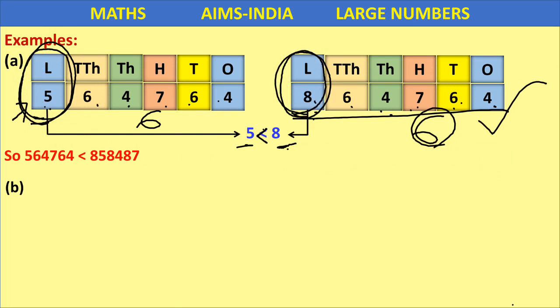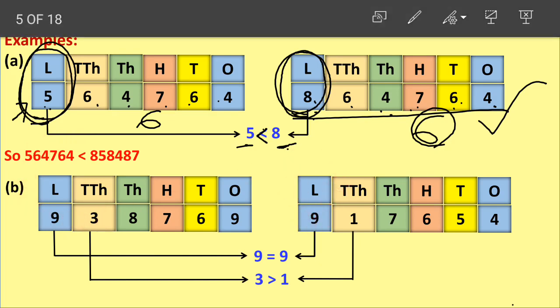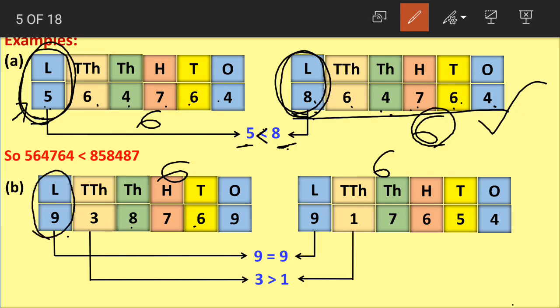Coming to the second example, again look at these two numbers here. Both the numbers have lakhs as their highest place value, which means this first number has 1, 2, 3, 4, 5, 6 digits, and the second number also has 6 digits. Now what should we do? We should start comparing from the highest place values, which are on the extreme left.